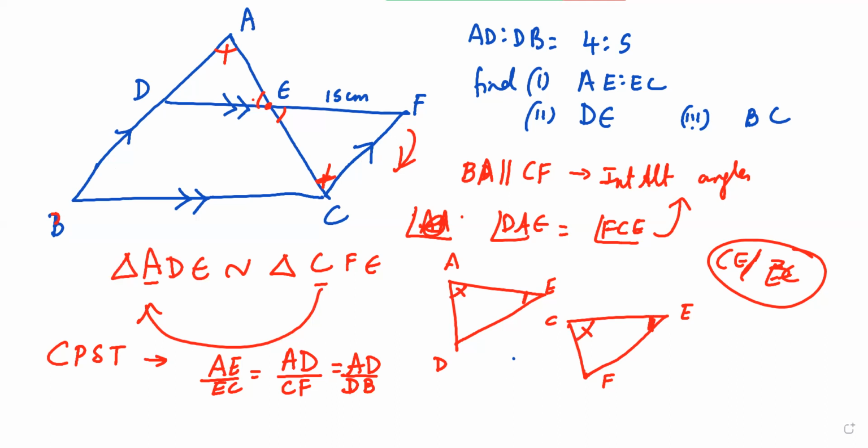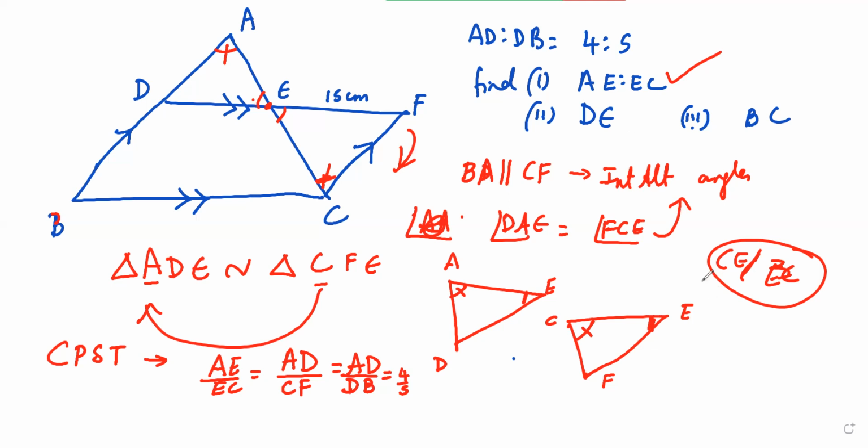It's marked also. The arrows will indicate everything. Opposite sides are parallel. So because of this, we can say AE by EC is AD by CF, which is AD by DB, because CF is same as DB. So what is it? It will be 4/5. So we found the solution to the first part, that is AE by EC. AE by EC will be same as AD by CF, which is same as AD by DB.